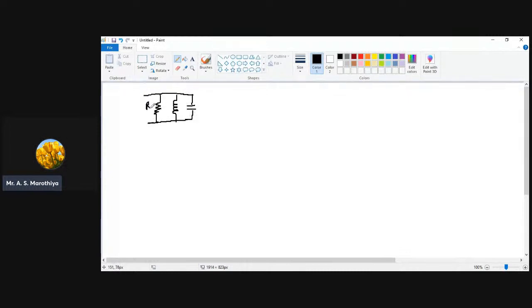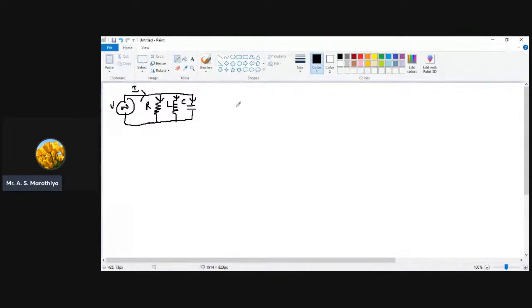To this parallel combination, we connect a voltage V, and we need to find I. So this is going to be IR, IL, and IC.